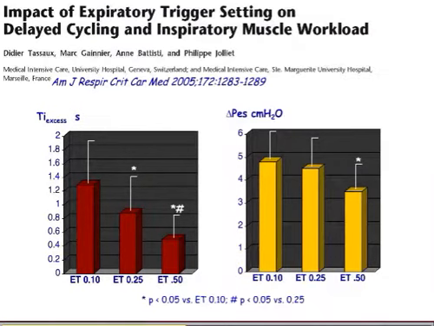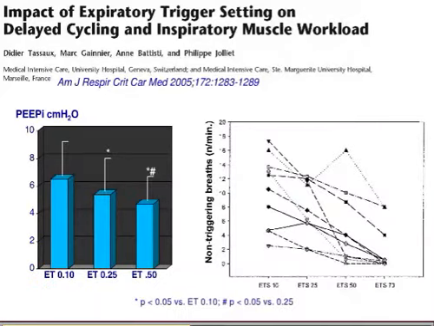Okay, and in a study we performed a few years ago, we could show that as we increased the expiratory trigger from 0.25 to 0.5, we could actually decrease the inspiratory excess time, decrease the magnitude of patient effort, and this was accompanied by a decrease in intrinsic PEEP and a decrease in the number of non-triggering breaths.